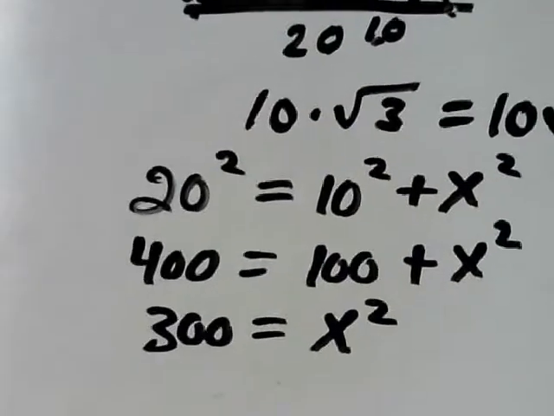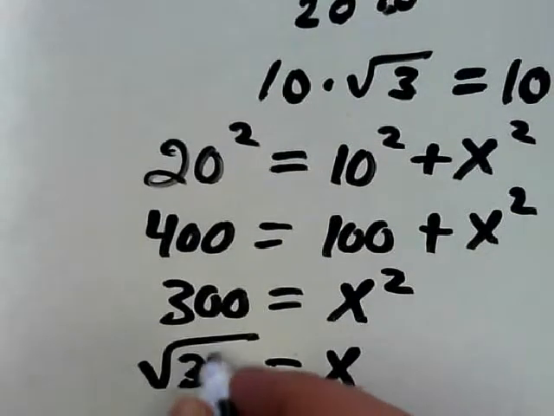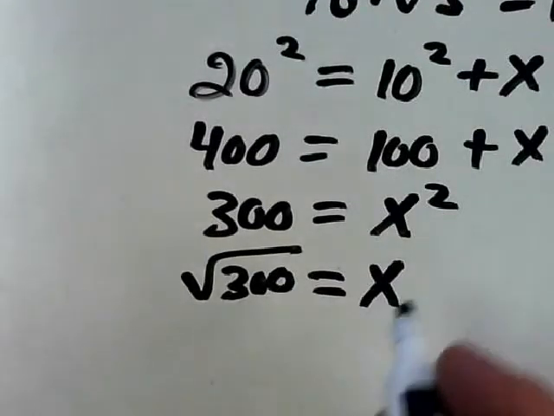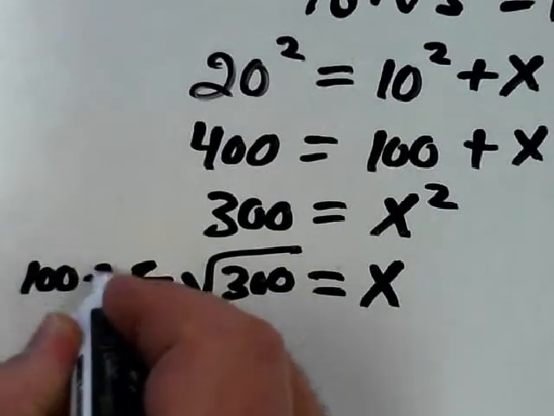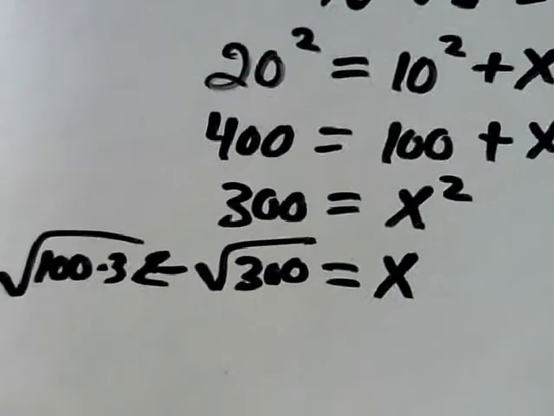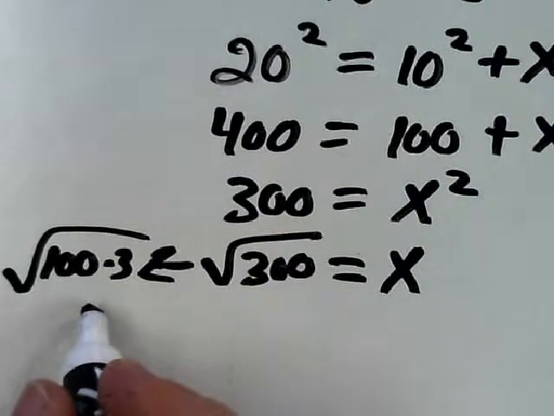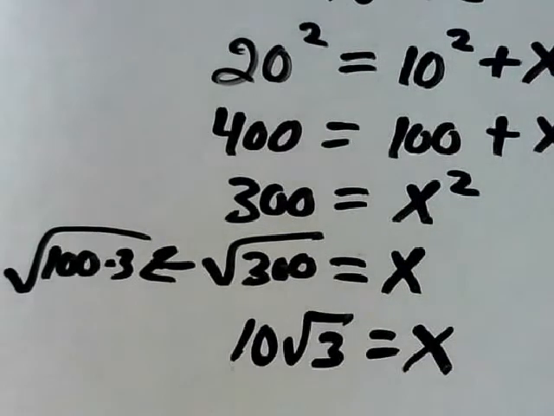So x would be the square root of 300, which is 100 times 3. And why did I write it as 100 times 3? 100 is a perfect square, isn't it? That gives me 10 times the square root of 3 equals x. So on this one you can actually have two different ways of doing it.